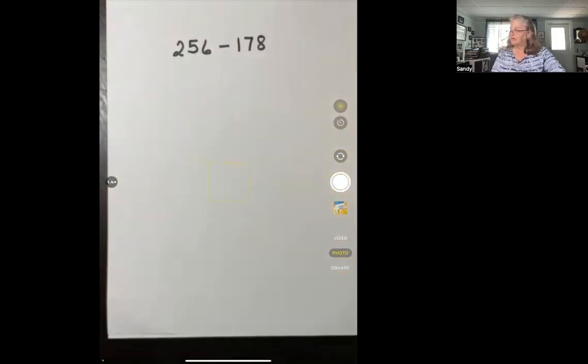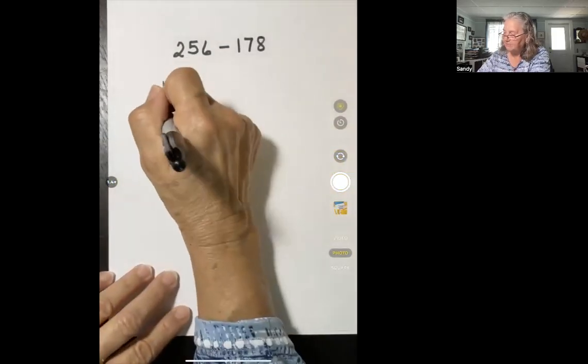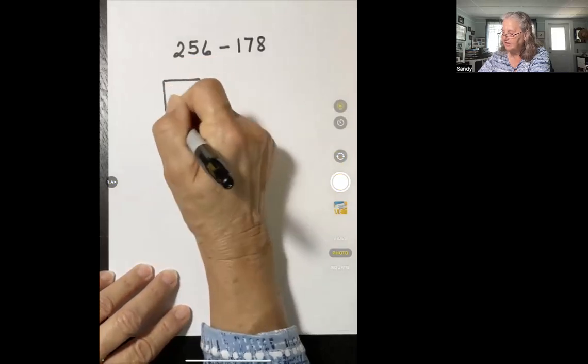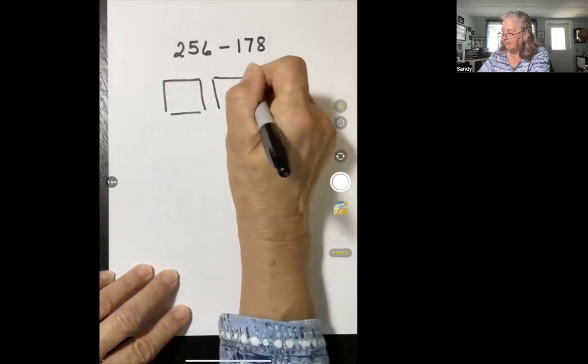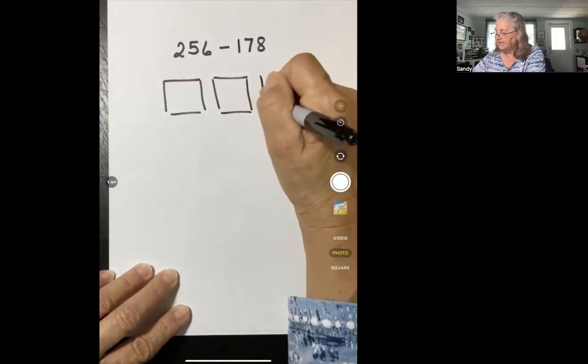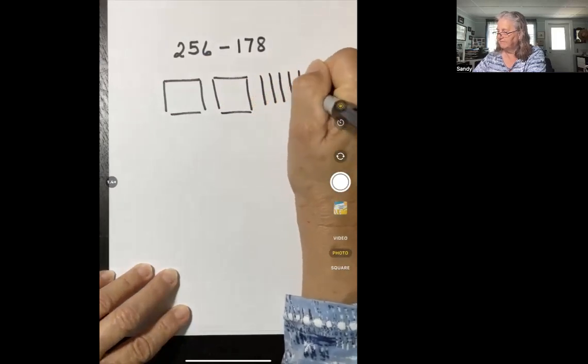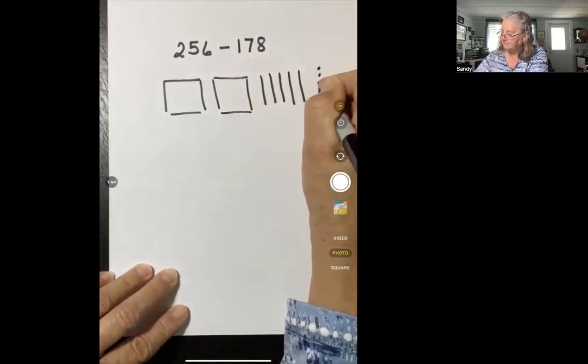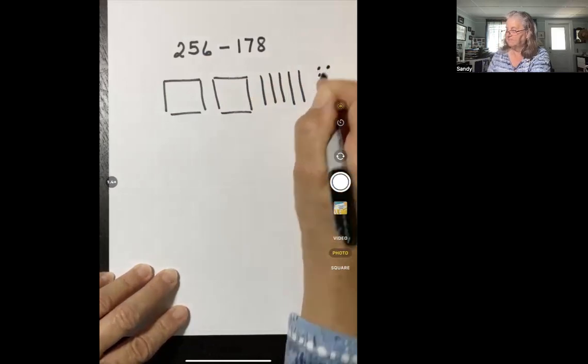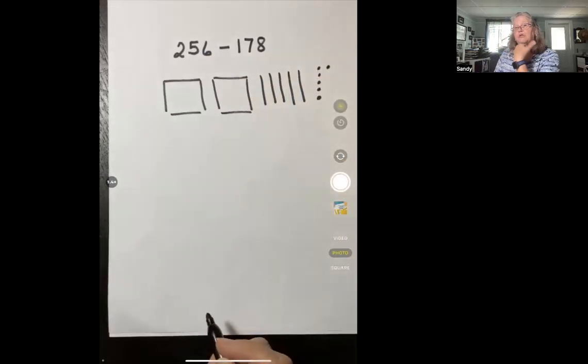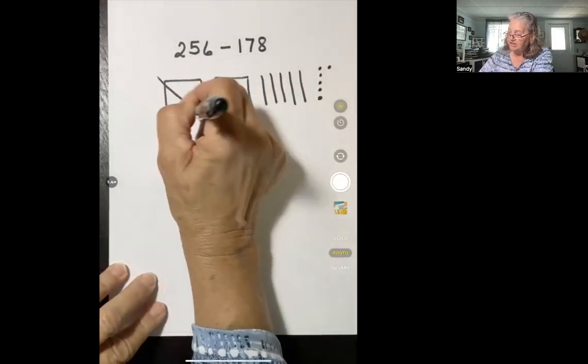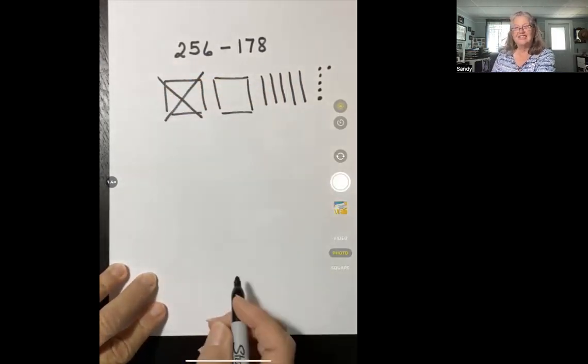But now I'm just going to draw a picture instead. Here are my hundreds. Here are my tens. Here are my ones. If I want to remove 178, do you see removing the 100 is not hard.